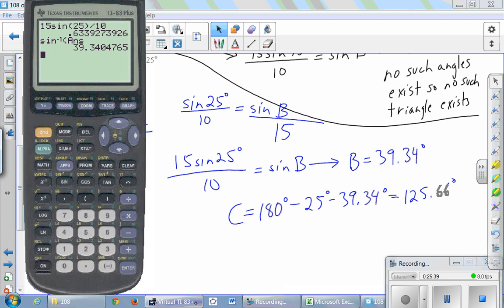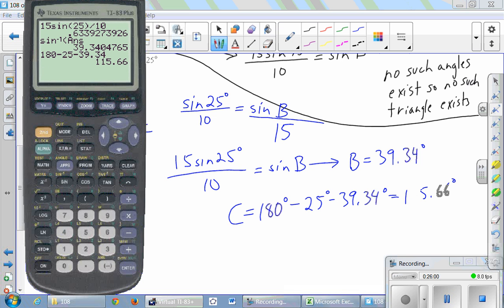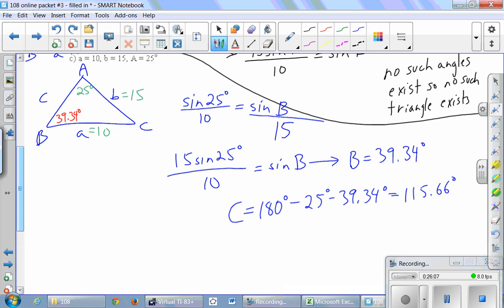Let's double check. Not close. What did I do wrong there? So we said, oh, it's 64. It's not 54. You guys can't let me do stuff like that. Okay, 115.66 degrees is angle C, which is fine. So I guess that means that my diagram is wildly not to scale, but that's okay.